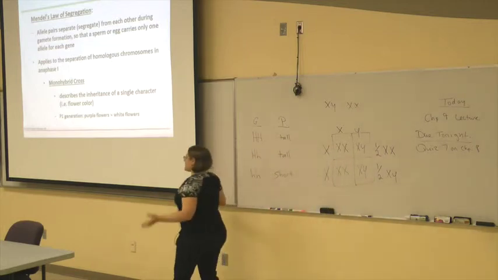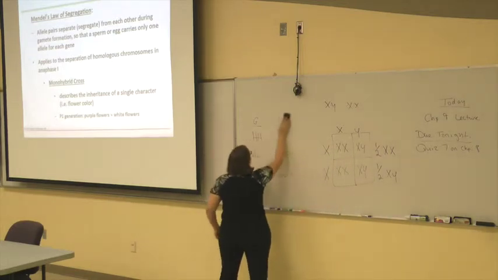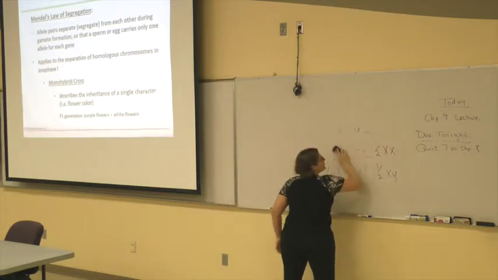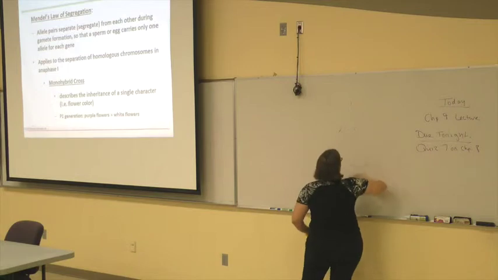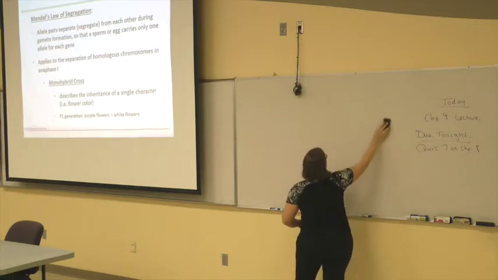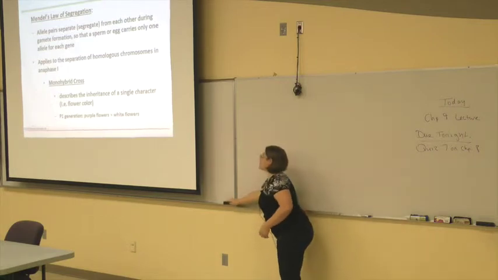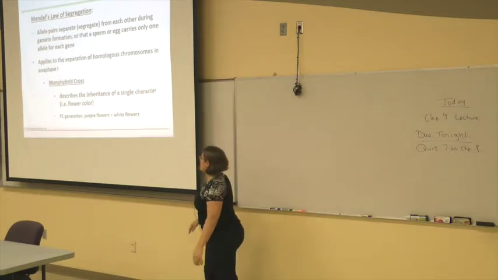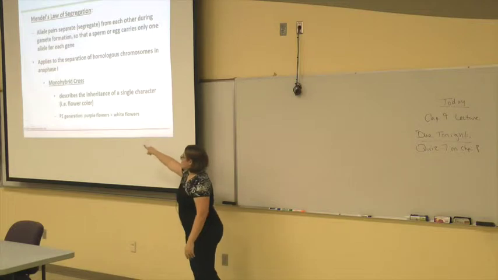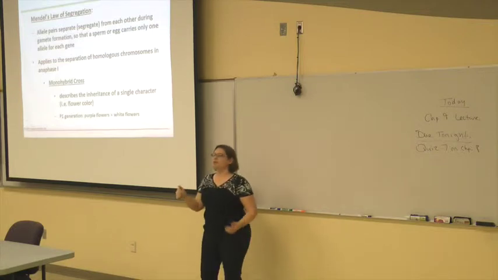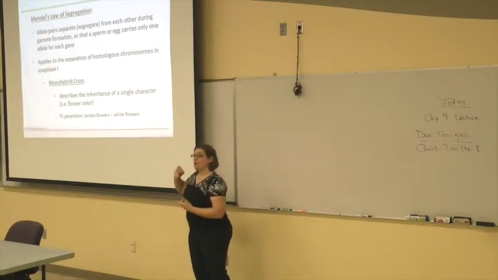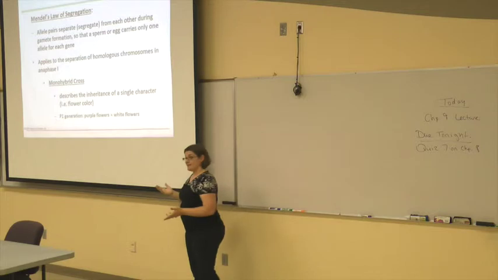So let's go back to that example, and we can do some Punnett squares together to figure out why we got that outcome in the F2 generation with most of the flowers purple, but some of the flowers white. Okay, so remember, we started off with our parental generation. P1 means parental. Parental generation, 1 flowers were purple, and in 1 the flowers were white.